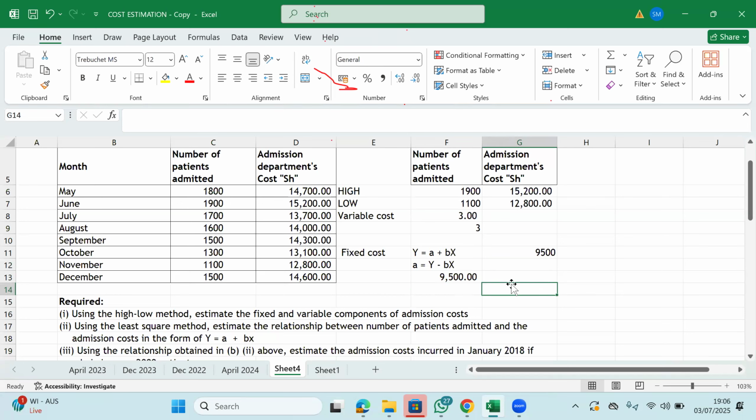So from here, we can develop our function to say y is equal to A. A we already have as 9,500 plus B, which was 3x. So basically that is our linear function from the data that we have.